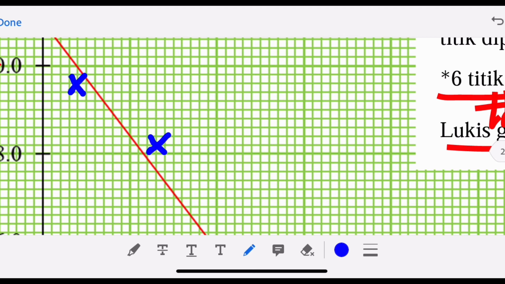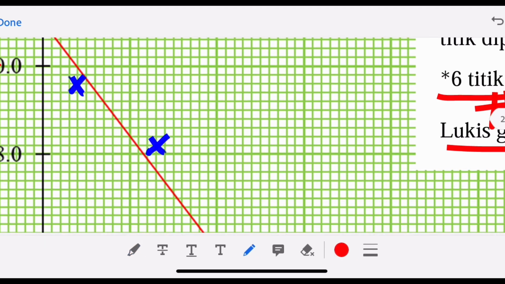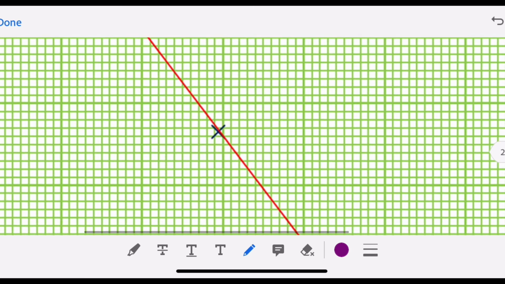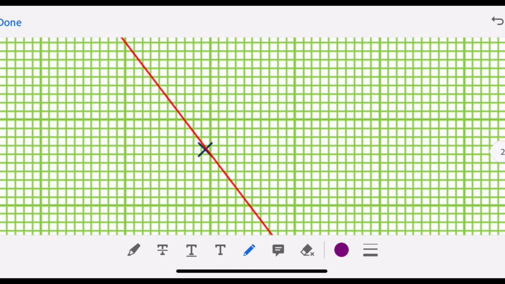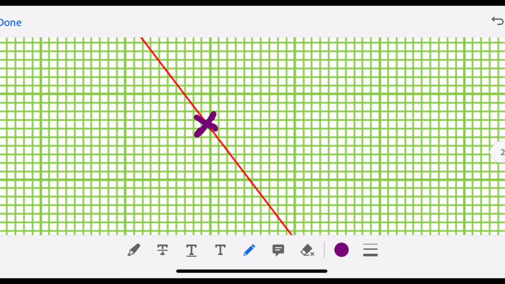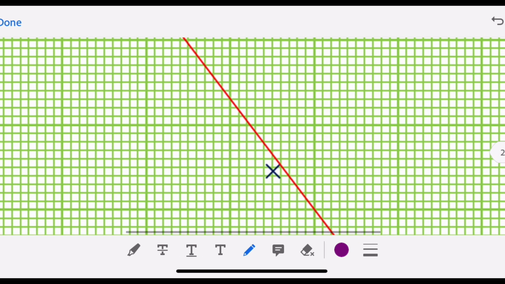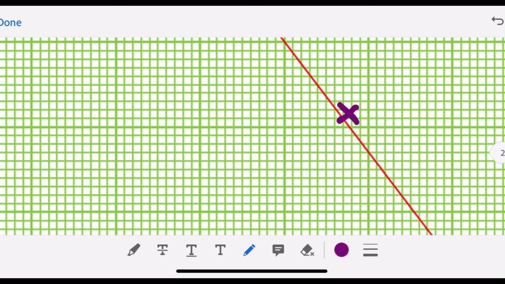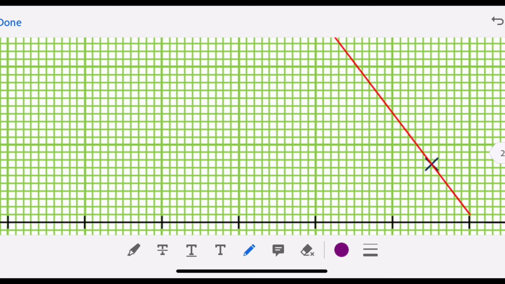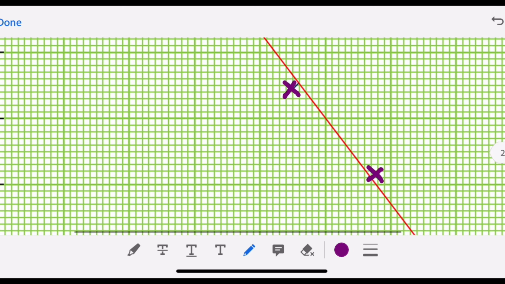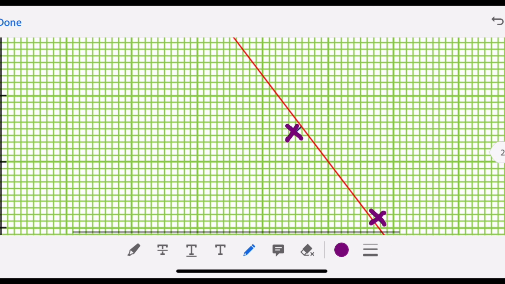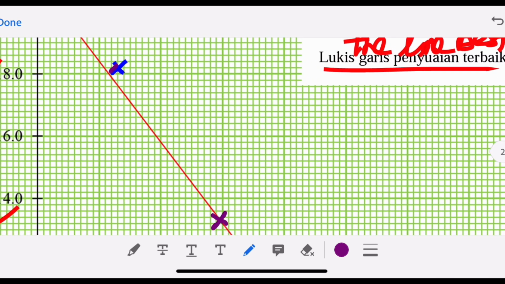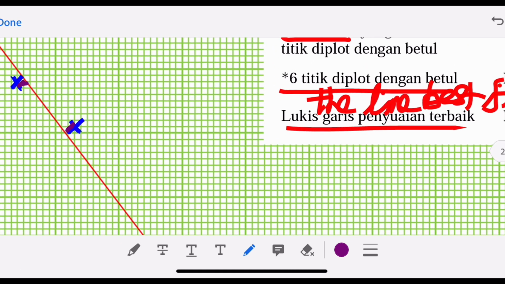The distance must be almost near to the line, and the distance must be balanced. So we have 1 point above, 1 point below, and this point is exactly on the line. This point is below the line, so we should have another point which is above the line. Okay, so it's balanced. So we have 2 points on the line. We have 4 points not on the line, but they are balanced by the straight line up and down.